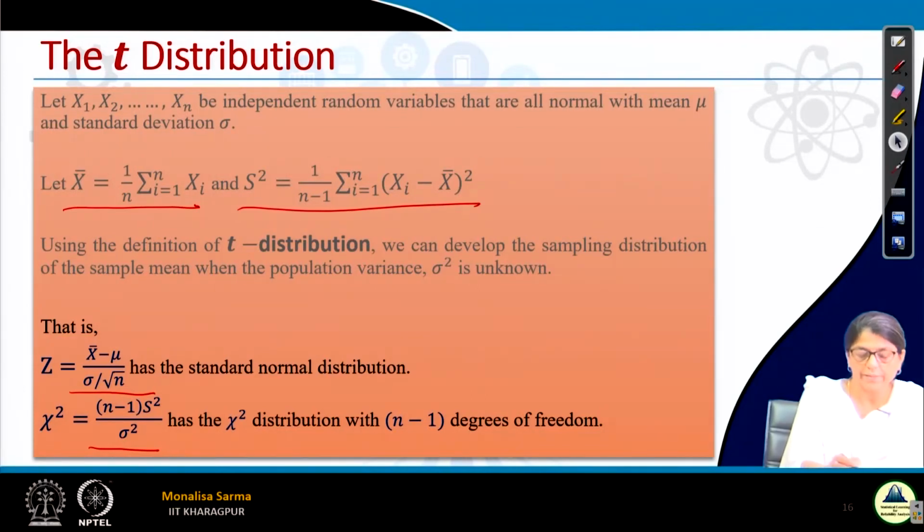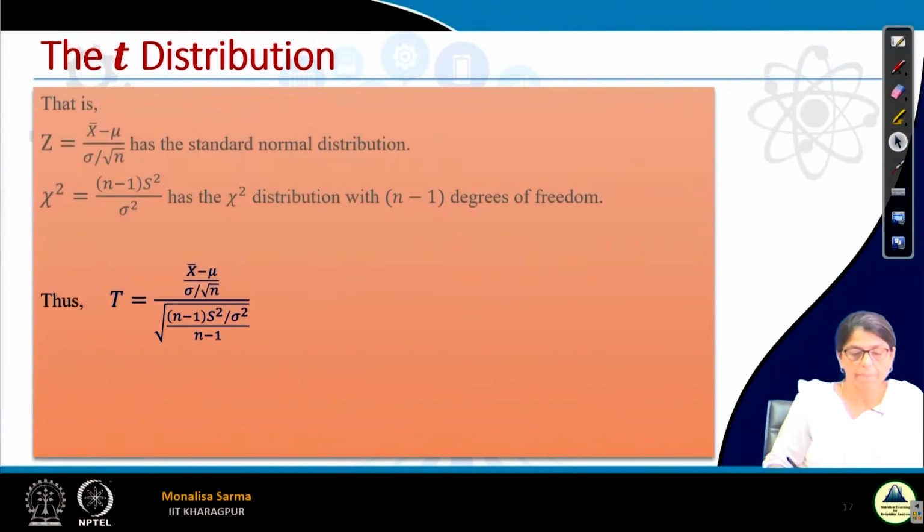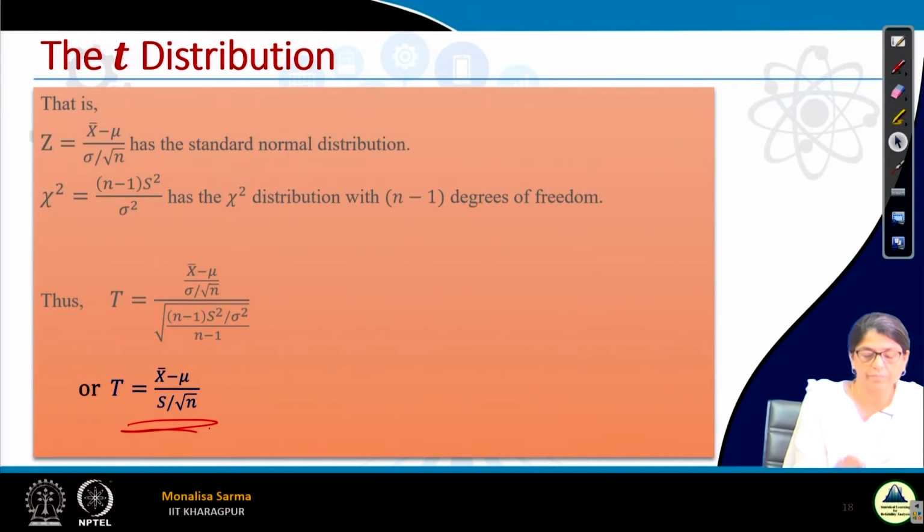Now in this t distribution formula, if I substitute the values of z and chi-square, what do I get? Upon simplification, the PDF takes this form: x bar minus mu divided by s over root n, where s is the sample standard deviation.